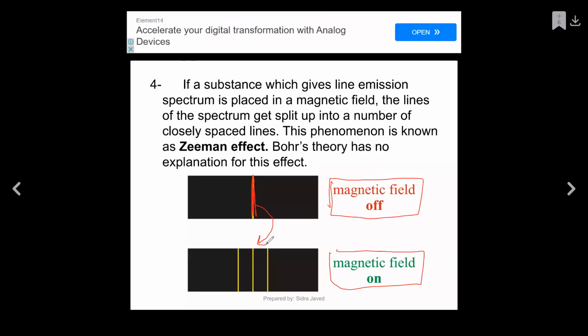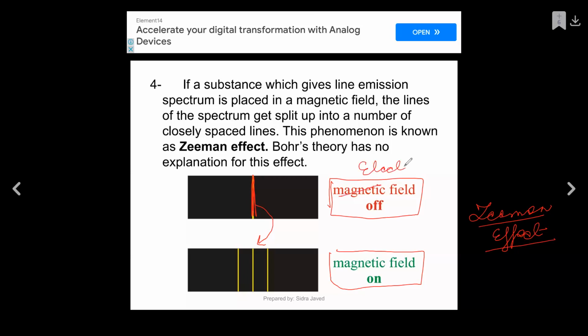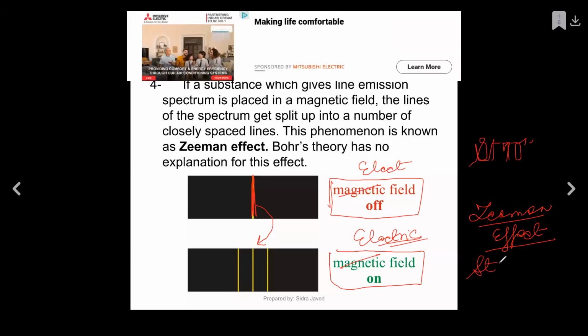Now this splitting up of a single line into a large number of lines in presence of magnetic field is called Zeeman effect. And if in place of magnetic field I apply electric field, then this will be called, what was the name? Stark effect.